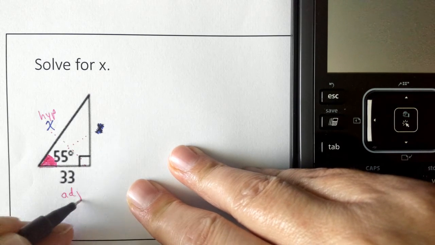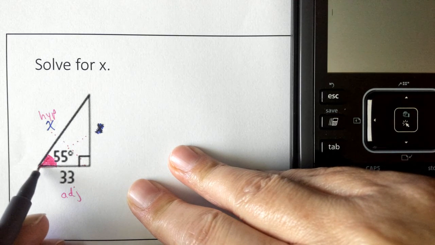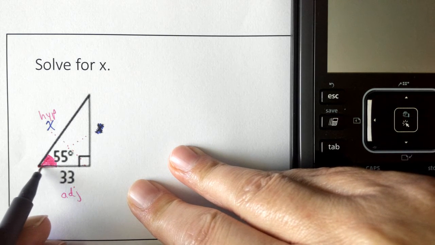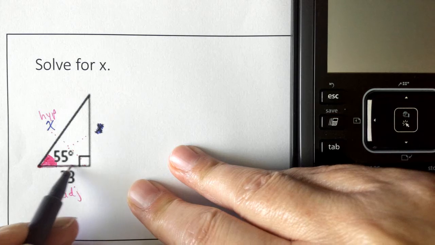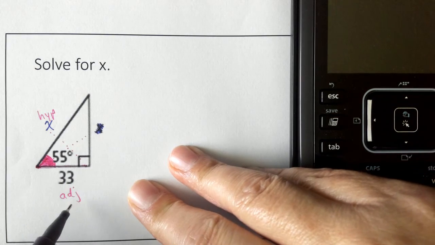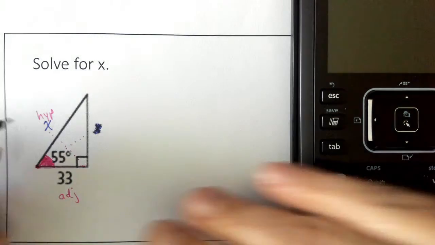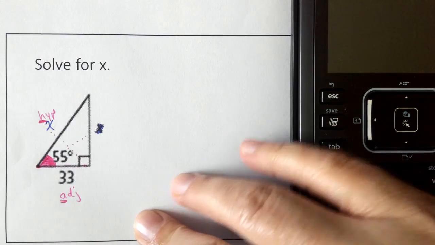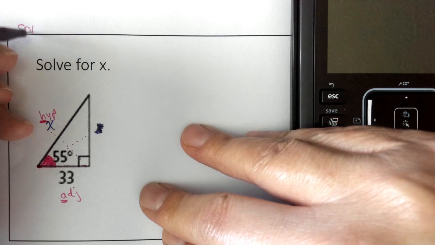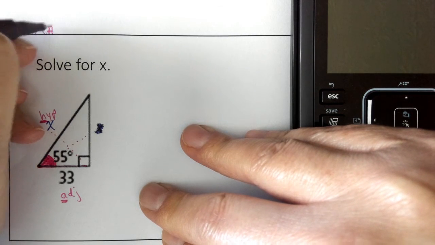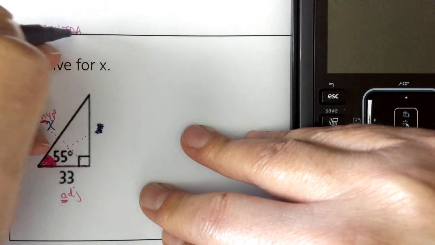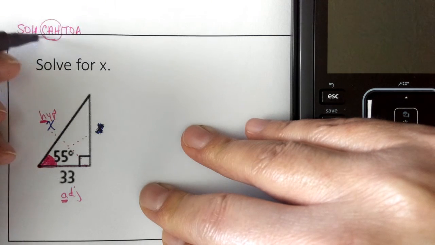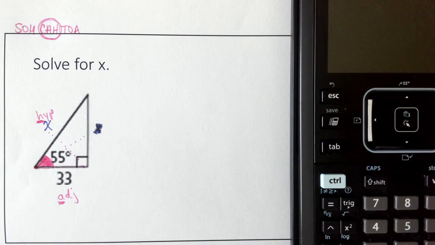So that's the adjacent leg. It links the angle that you're using, the acute angle that you're using for reference, to the right angle. That's always your adjacent leg. So we have hypotenuse, that's an H, and adjacent, that's an A. And if I write my mnemonic device, so ka, toa, I can see that A and H go with cosine.